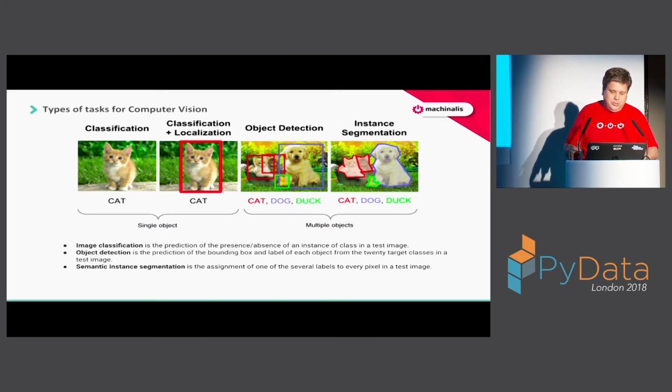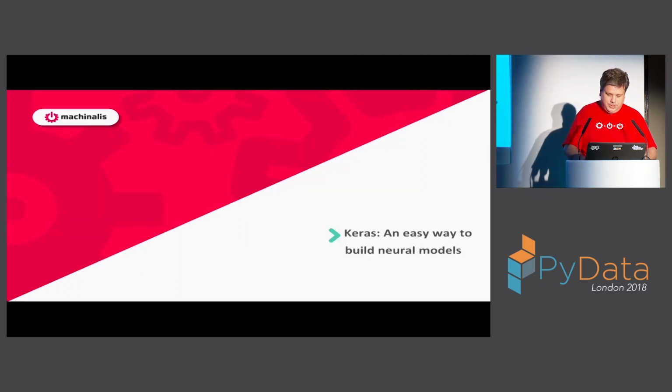Then we go on to classification with localization, in which we detect the real place the object occupies, and with object detection, the third one, we're able to detect multiple objects and their bounding boxes. And the last one is instance segmentation, in which for each pixel of the picture we can determine to which object it belongs. This will be our final objective in this talk.